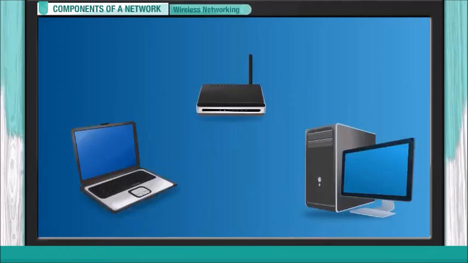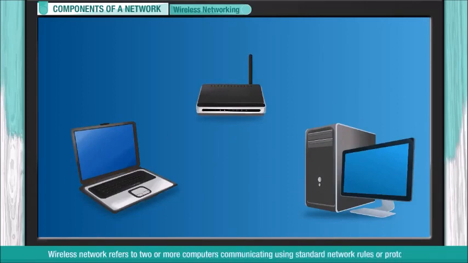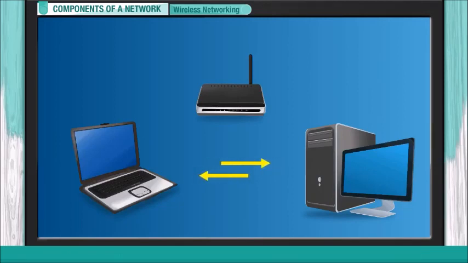Wireless networking. Wireless network refers to two or more computers communicating using standard network rules or protocols. It does not use Ethernet cabling to connect the computers together. Instead, radio signals are used to send information.